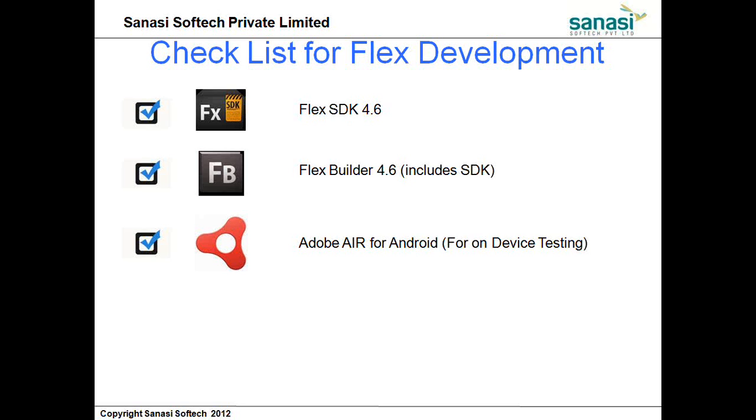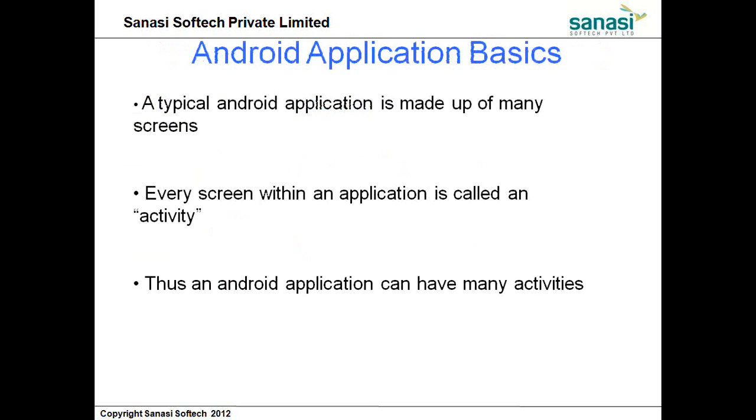And finally, you will have to make sure that you have installed the Adobe Air runtime. It's called the Adobe Air runtime for Android. You can get this obviously on Android market. Okay, so that's, I think, the comprehensive checklist for all the applications that we are going to look at in today's webinar.